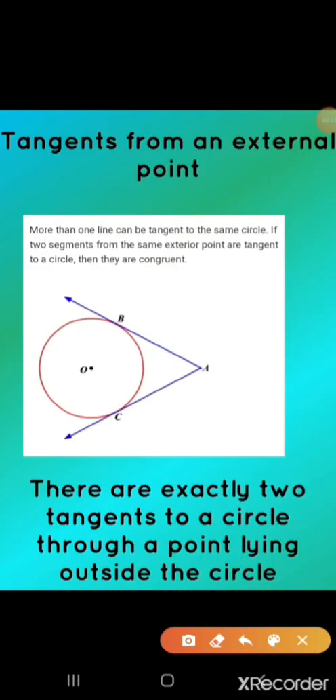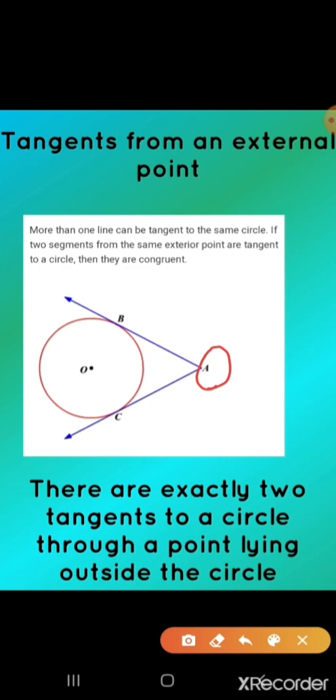Tangents from an external point. You know, only one tangent can be drawn to a circle through a point on the circle. But we can draw more than one line that is a tangent to the same circle if the point is an external point. In the figure you see that A is a point outside the circle, a point not in the circle.